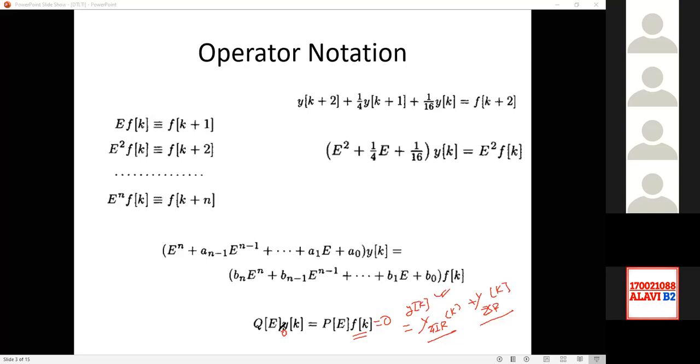Then how to solve y0? You can solve y0 by using the recursive technique, or you can solve it by an analytical technique. But we have some logic for selecting the standard solution. The reason actually comes from the physical explanation.